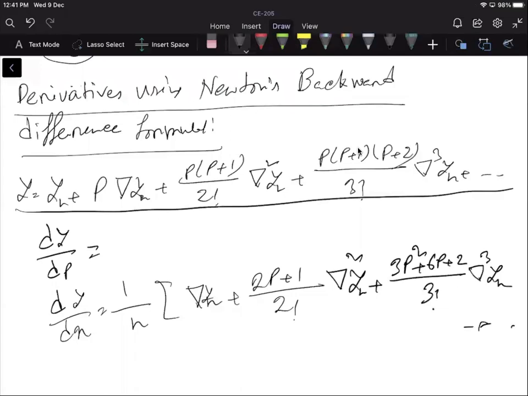At the last point, say if you want to find the values at x is equal to xn, you will simply take p is equal to 0. For these cases, here we start from xn, that means the end point for the backward interpolation. And again for the second derivative, you will take the second differentiation d square y by dx square.